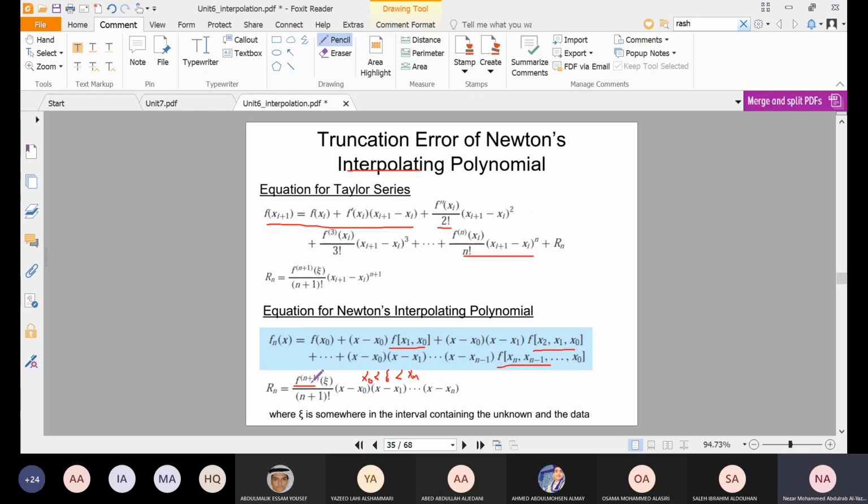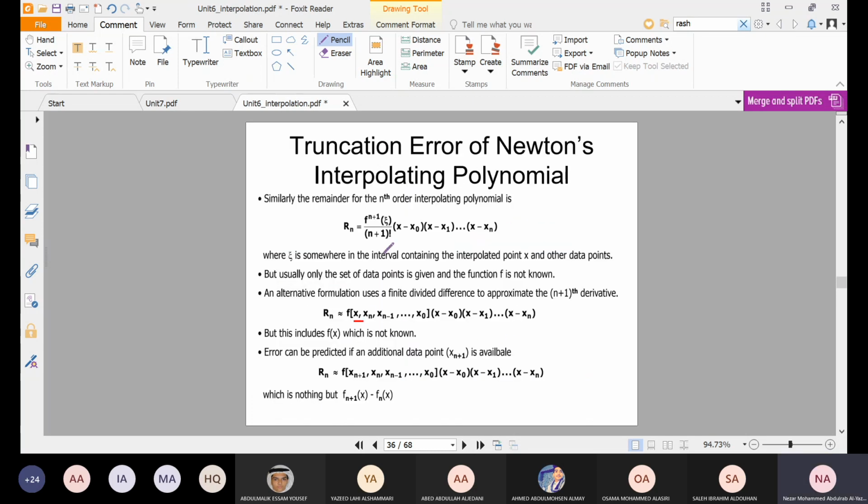This is one of the issues: we cannot use the Taylor series expansion or approximation to find the remainder of the Newton interpolation polynomial. So the next step is to replace this derivative of the function by a divided difference.